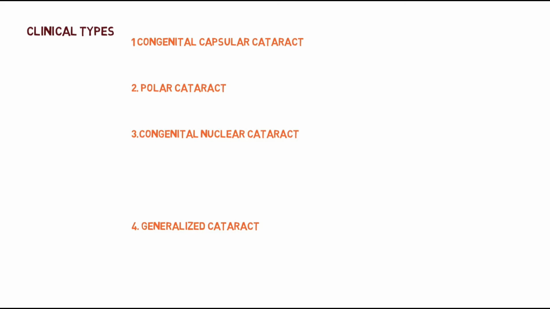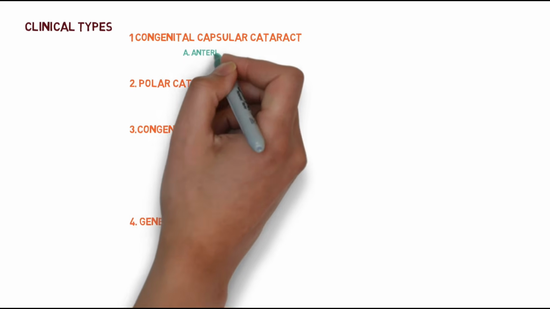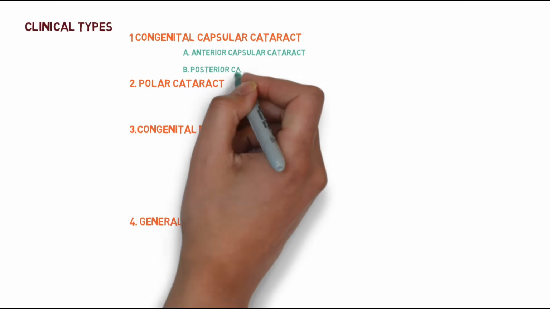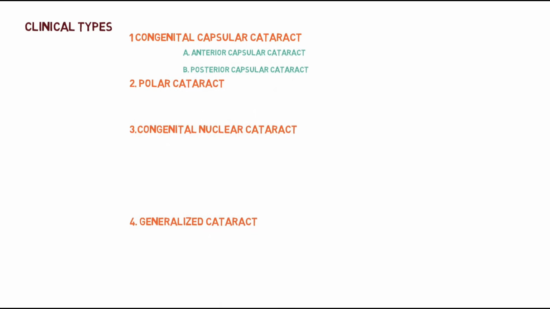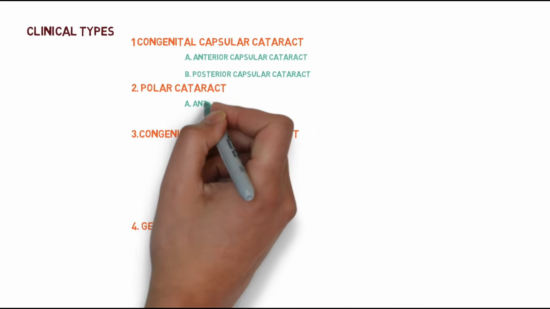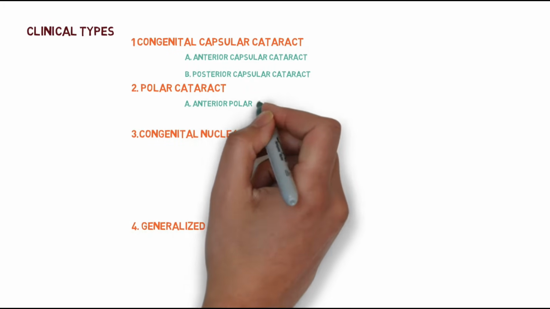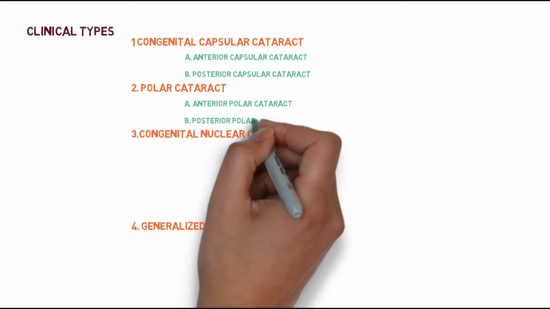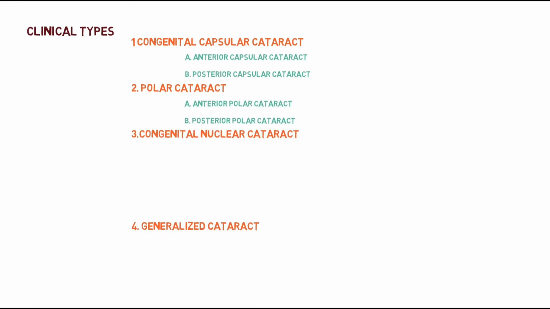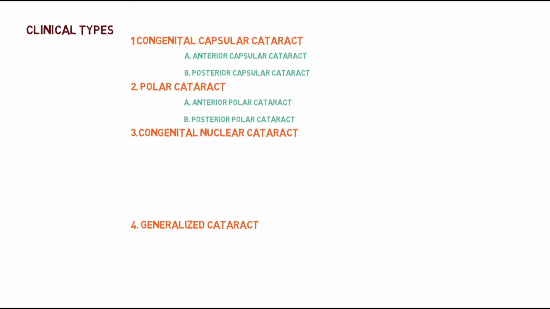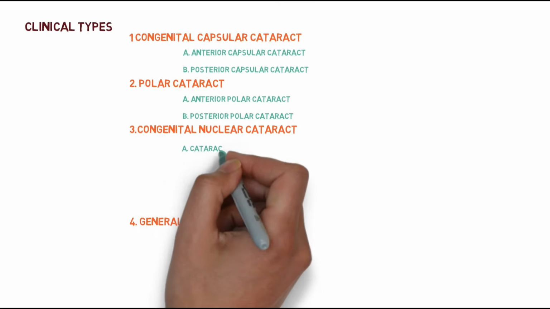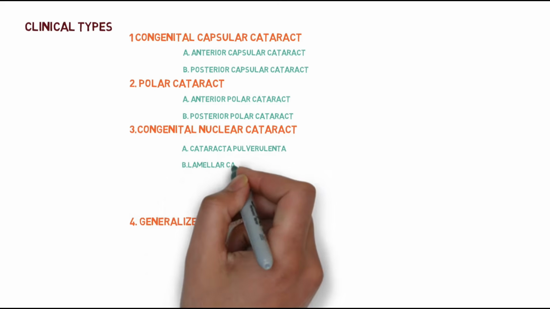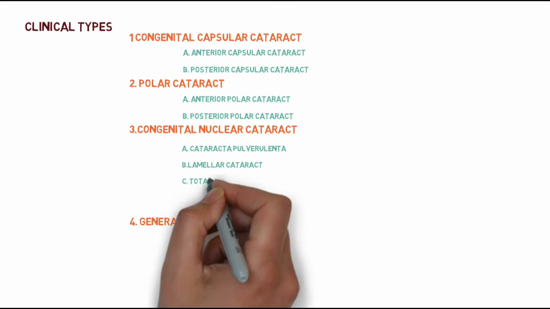In congenital capsular cataract, there can be anterior capsular cataract or posterior capsular cataract. In polar cataract, the same, there are two poles, so there may be anterior polar cataract or posterior polar cataract. And in congenital nuclear cataract, there may be cataracta pulverulenta, lamellar cataract, total congenital cataract, or sutural and axial cataract.